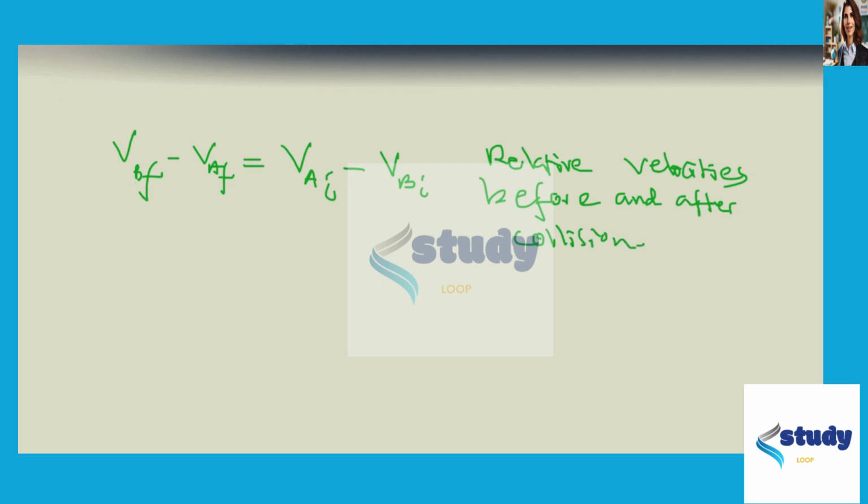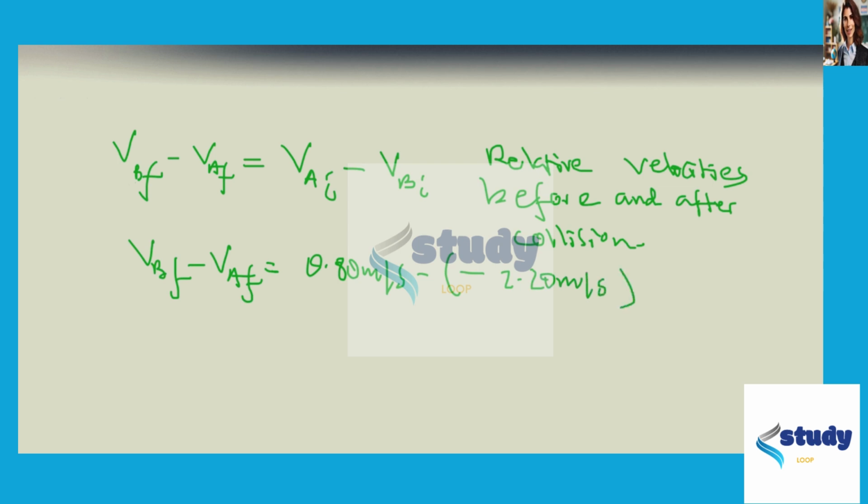So we plug in the numbers. The final velocity of B minus the final velocity of A equals the initial velocity of A, 0.8 meters per second, minus the initial velocity of B, negative 2.20 meters per second.